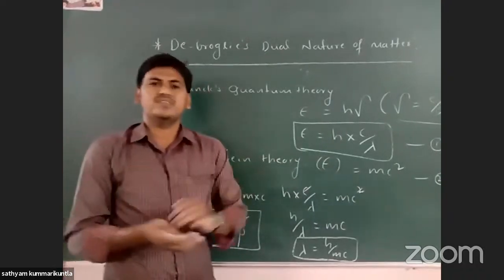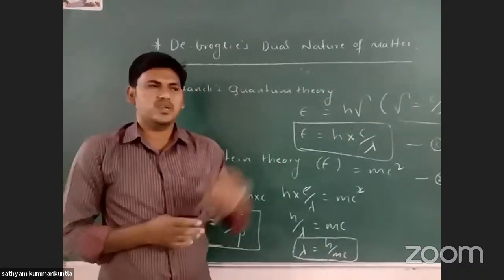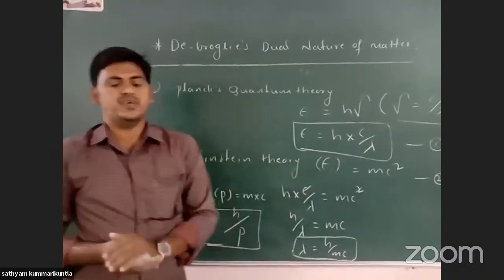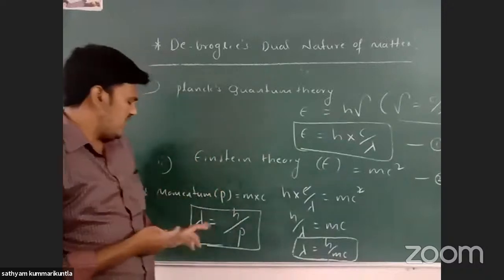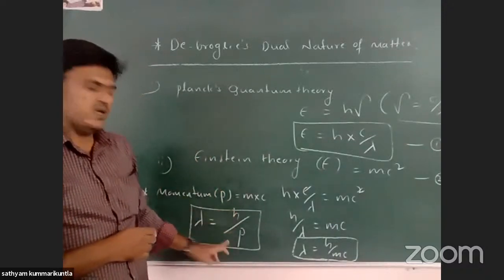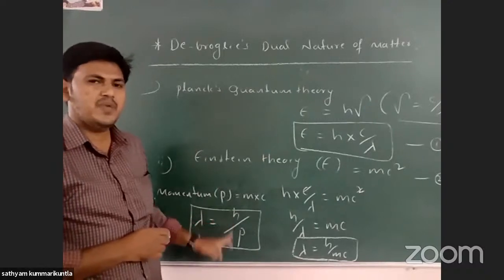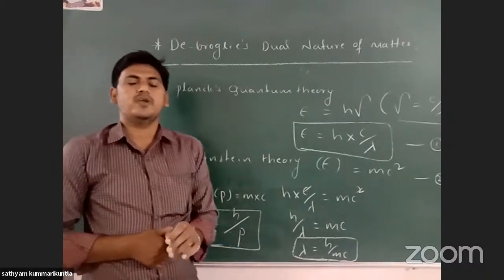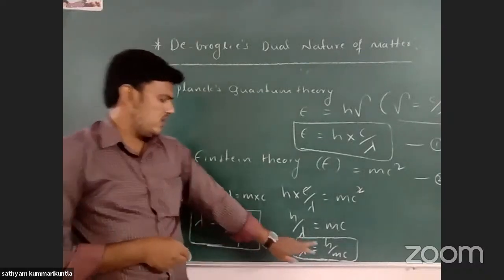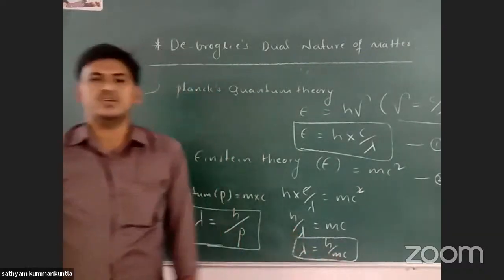According to de Broglie's theory, the electron exhibits both particle nature and wave nature. Finally, de Broglie's principle: lambda is equal to h by p, where lambda is wavelength, h is Planck's constant, and p is momentum, which is mass into velocity.